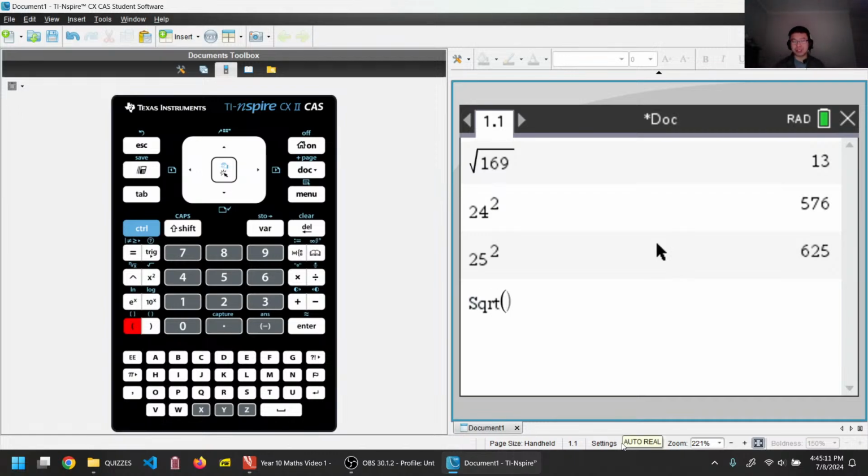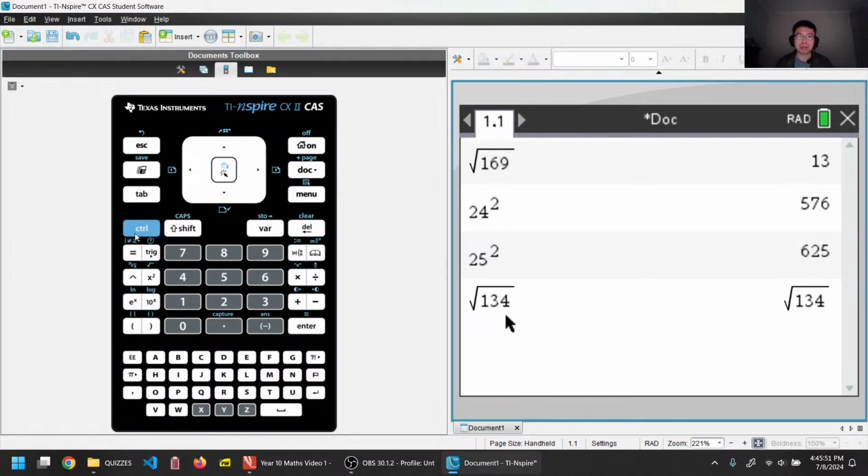If you are using a CAS calculator, you can find the correct button, or you can actually just type in the abbreviation SQRT for square roots. So the number that we wanted was 134. And you'll notice on the CAS, if you haven't changed your settings, it's just going to give you the same number back. That's not what we want. This is called an exact value. If I want a decimal approximation to an exact value, then I need to press Control Enter.